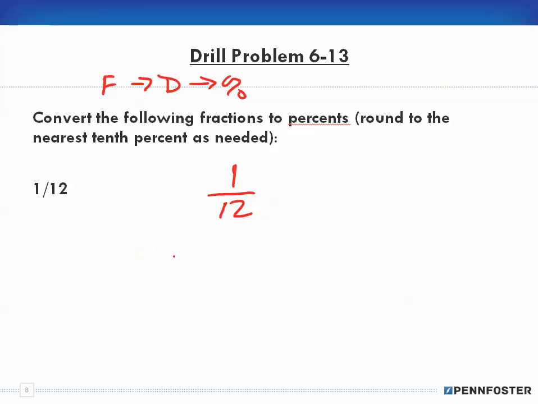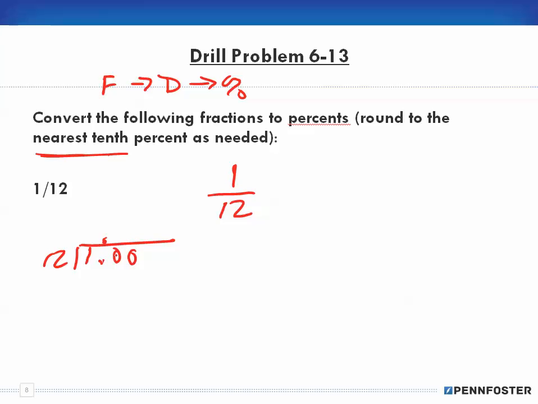To get this fraction into decimal form, I take the 1 in the numerator and divide by the 12 in the denominator. It's telling me to round to the nearest tenth, so I need to take it out to the hundredths place. So I need 2 zeros after the decimal.